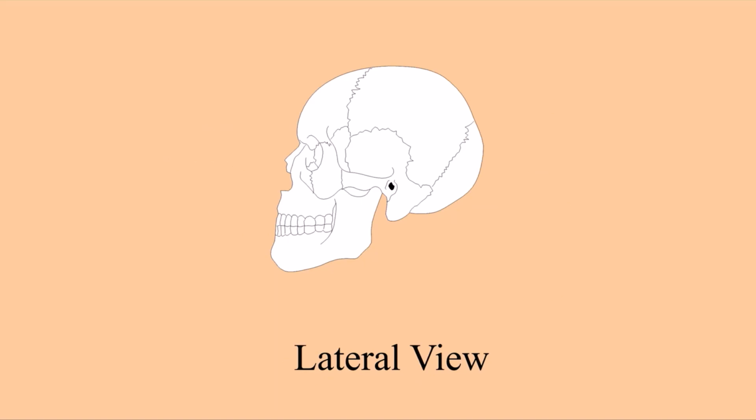In lateral view, the cranium, facial bones forming the face and ear ossicles are the parts of the skull, seen in the external auditory meatus. Mandible is the only movable bone and the rest of the bones are immovable.